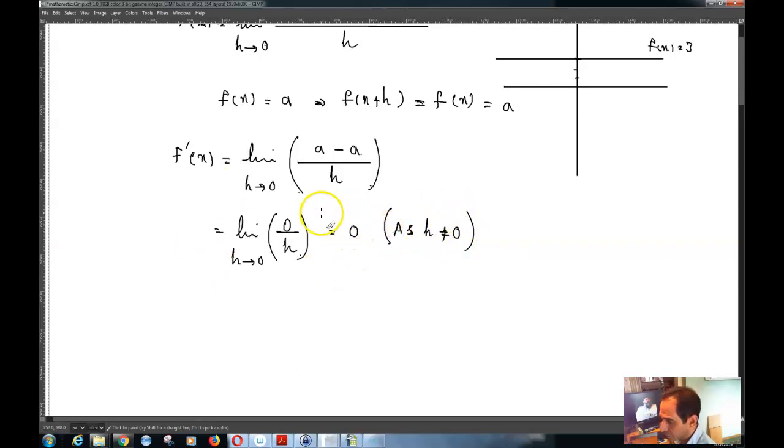So then you can see that the derivative of your function at any point, really, because there is no variable here, is going to be equal to 0, which means that the slope of a horizontal straight line is 0 at any point on the graph of the function.